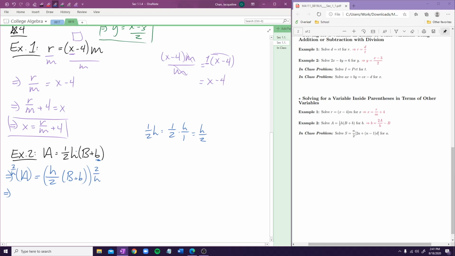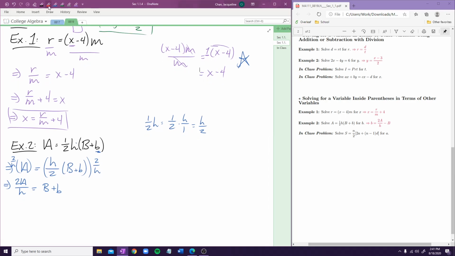Okay, because h over 2 times 2 over h, that's 2h over 2h, that's 1. Right, so that gets rid of that. So then I'm left with 2a over h is equal to big B plus little b. Again, I dropped my parentheses because we have a coefficient of 1, so when I distribute it, it's the same exact thing.